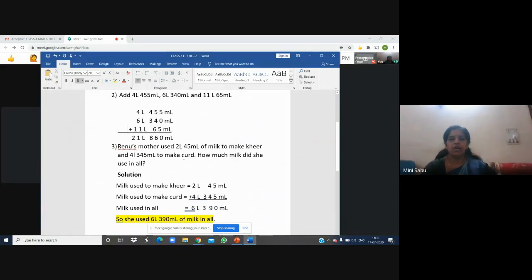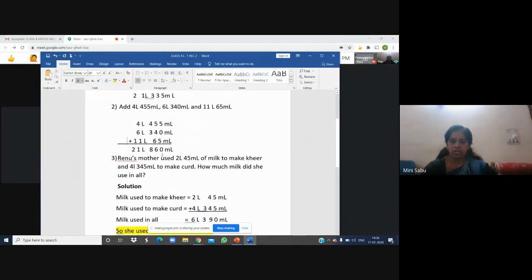Children, now we are going to apply this knowledge. How to add in day-to-day life problems, problem solving. For that, I have given you this question. Renu's mother used 2 liter 45 milliliter of milk to make kheer and 4 liter 345 milliliter to make curd.